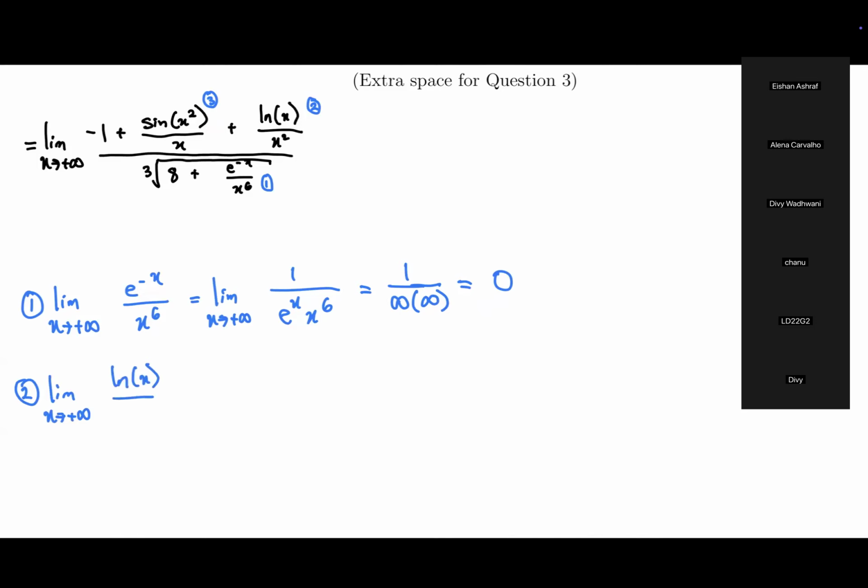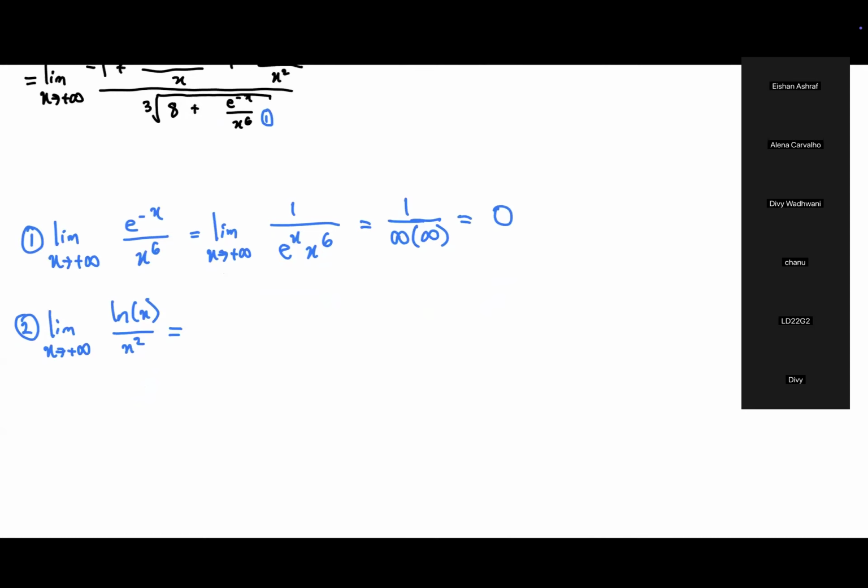Ln x over x squared. We know that if we were to apply direct substitution, we get the form of infinity over infinity. So we could apply L'Hopital's rule. And using L'Hopital's rule, then we'll get 1 over x over 2x, taking the derivative of both the numerator and the denominator separately.